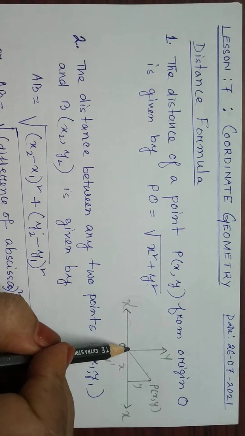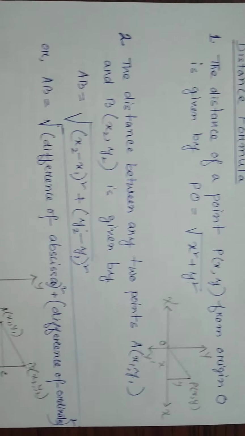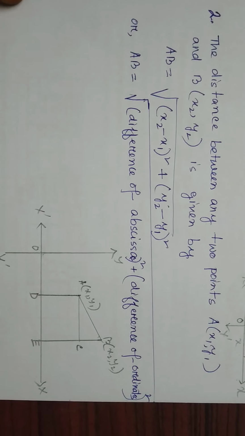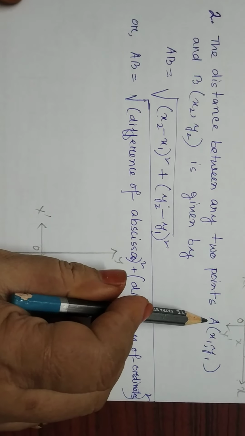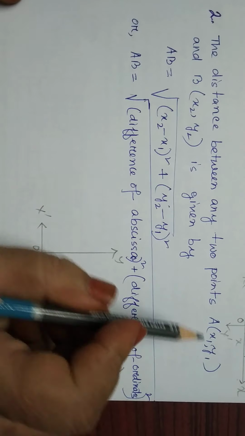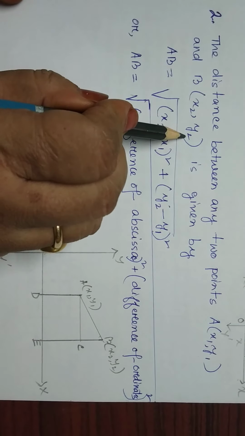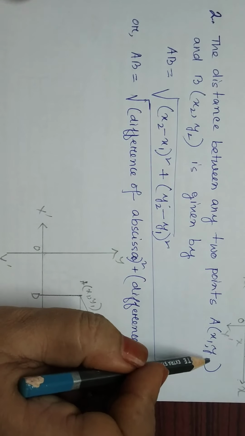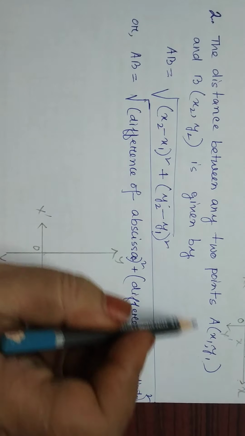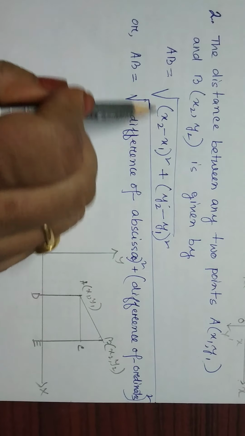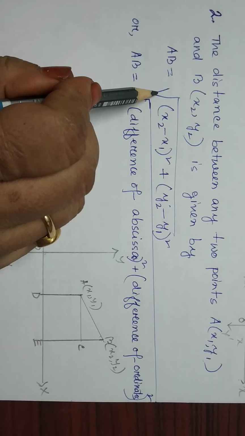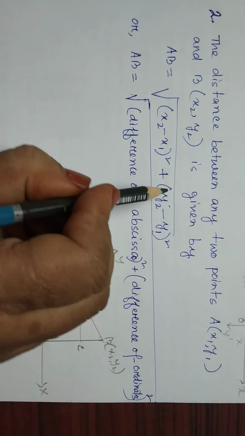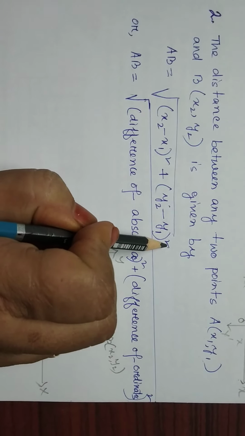The next one is a very important formula, the distance between any 2 points. Suppose A is (x1, y1) and B is (x2, y2). The A point coordinate is x1, y1 and the B point coordinate is x2, y2. Then this distance we find with the help of this formula: the square root of x2 minus x1 whole square plus y2 minus y1 whole square.